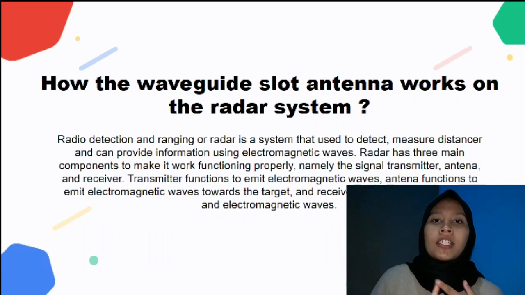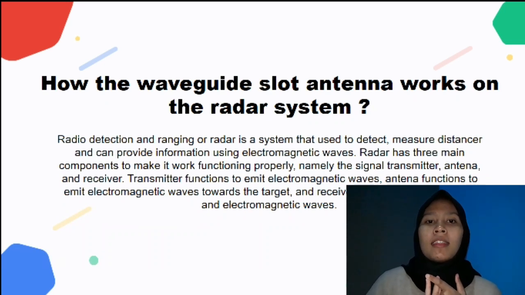The transmitter functions to emit electromagnetic waves. The antenna functions to emit electromagnetic waves towards the target, and the receiver functions to filter signals and electromagnetic waves.